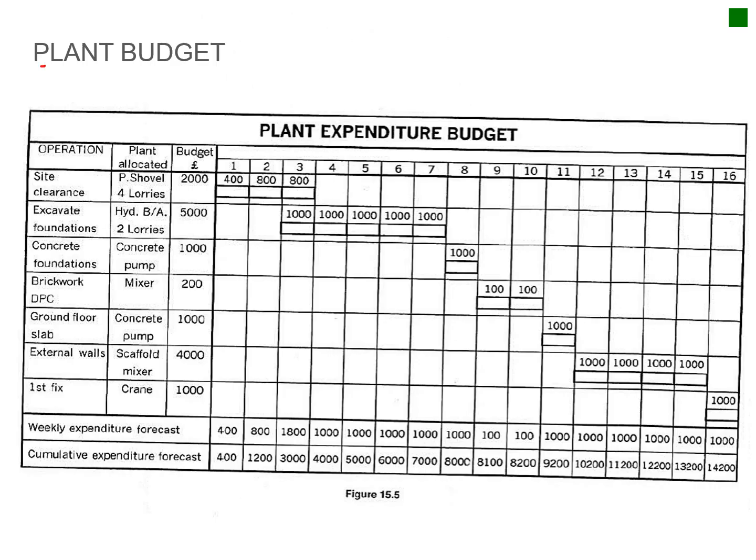Okay, then your plant budget is a little bit different. So you've got your site clearance, excavations, concrete foundations, again your normal items here, your operations, and then you've got your different plant items here. Okay, you may have subdivisions underneath each, but then you've got your shovel and your 4 lorries, and your cost for those is 2,000.